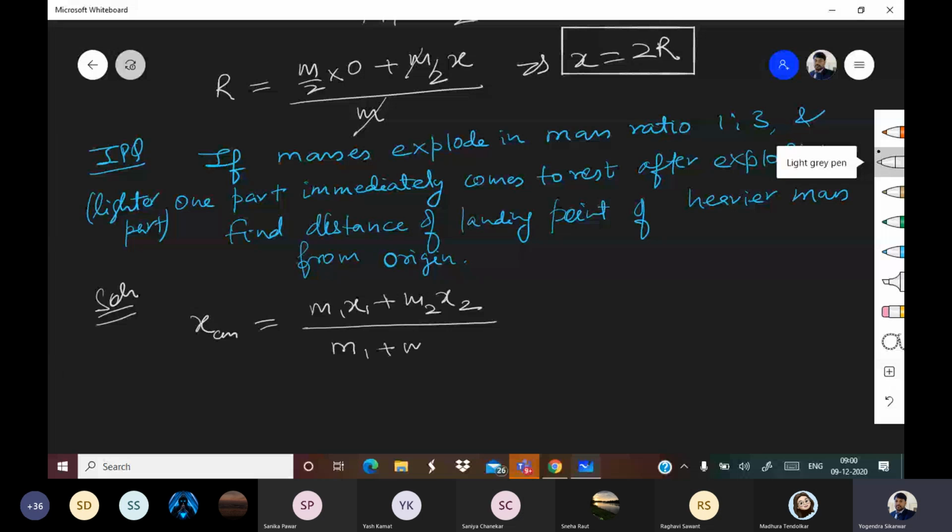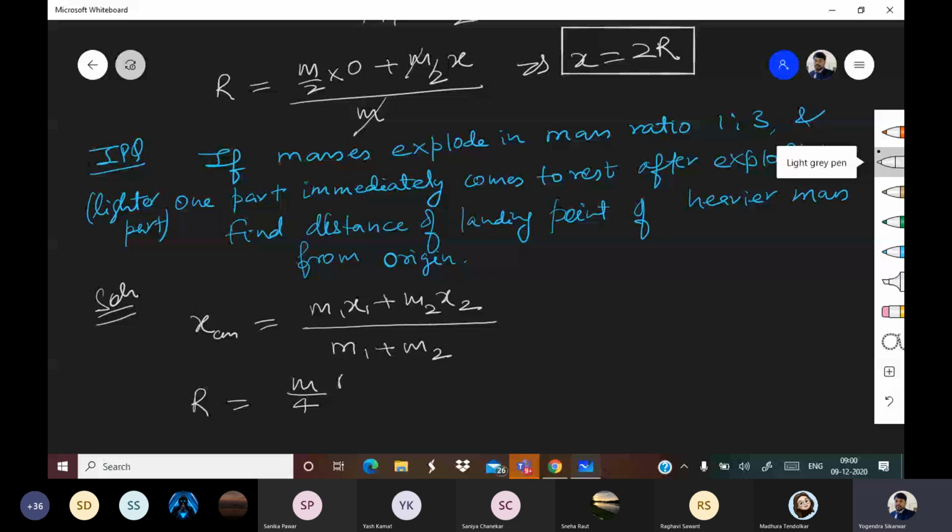That is R only. M1 means M by 4 because you are dividing it into a ratio of 1 is to 3. So if the first part is M by 4, the second part will be 3M by 4. So M by 4 into R by 2 plus 3M by 4 into X upon M.